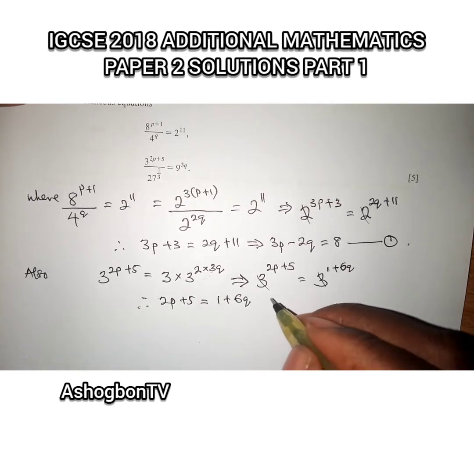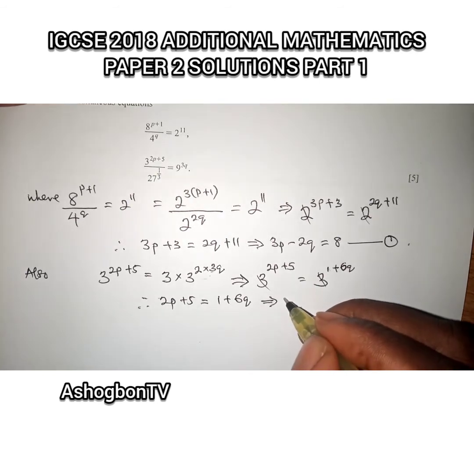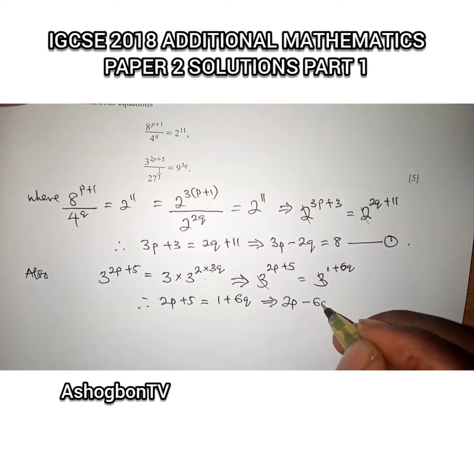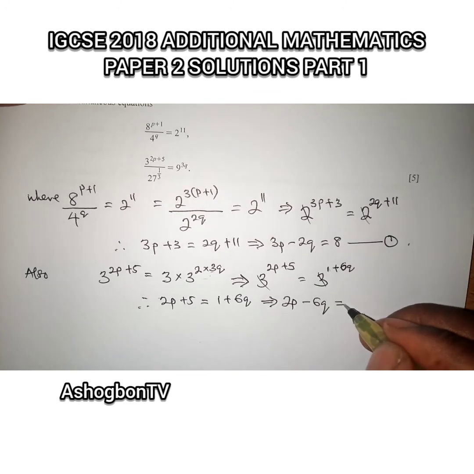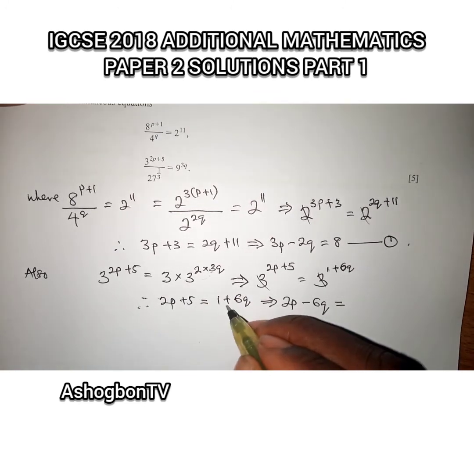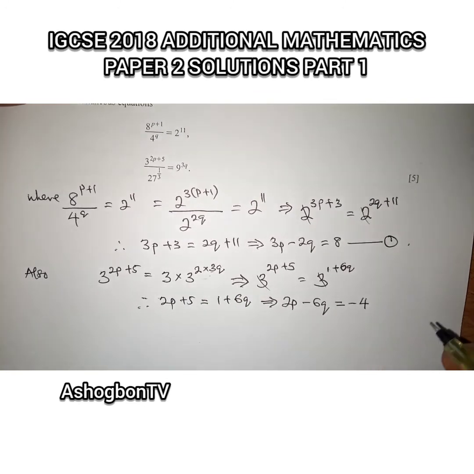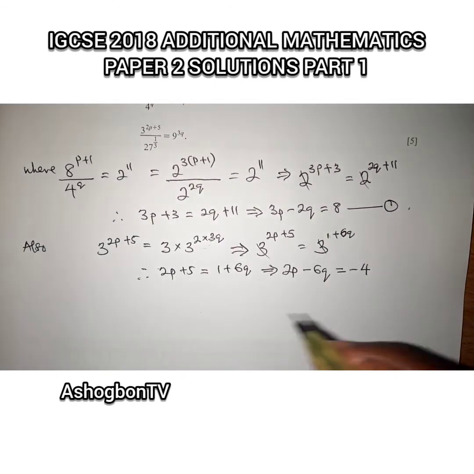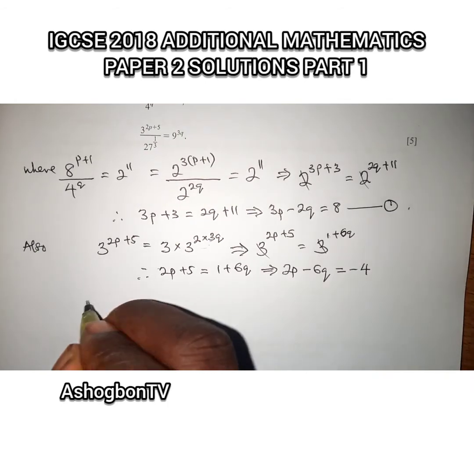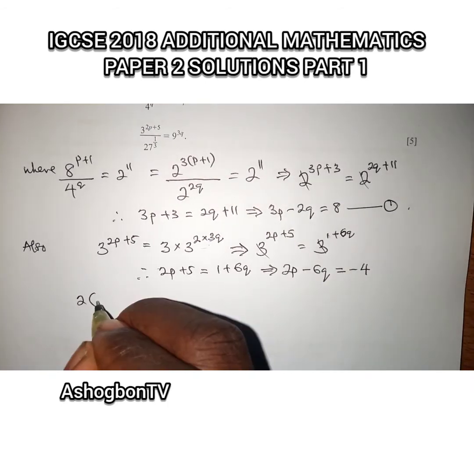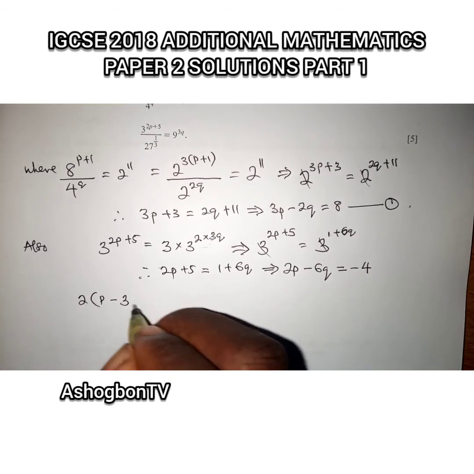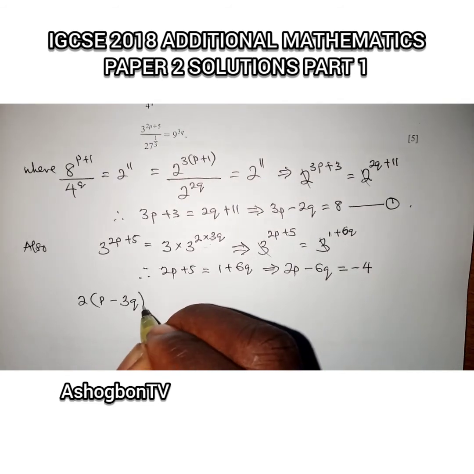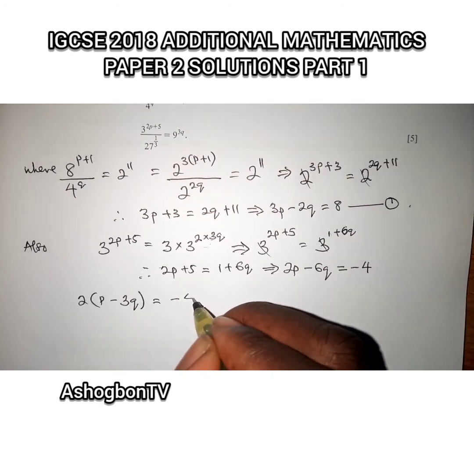You may want to collect like terms here. If you do, you're going to have 2p minus 6q, which will be equal to 1 minus 5, that is minus 4. If you check very well, 2 is common here. So factorize 2: you have 2 times (p minus 3q) equal to minus 4.